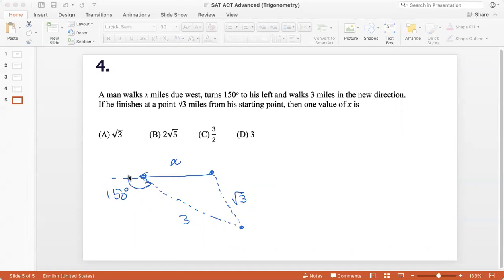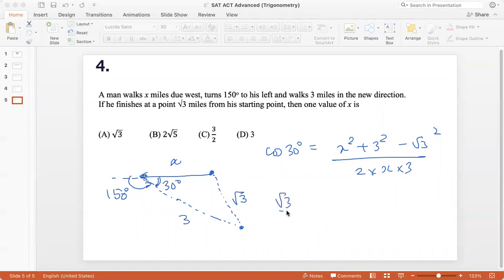Okay, so if this is 150, then this has to be 30 because angles on a straight line. So again, we can use the cosine rule in this triangle. Cos 30 would be x square plus 3 square minus root 3 square over 2 into x into 3. So cos 30 is root 3 by 2.